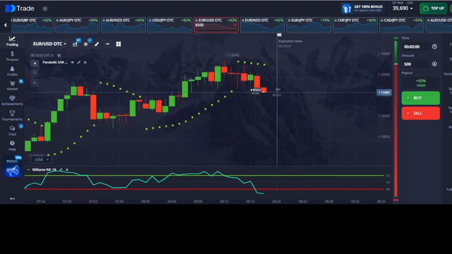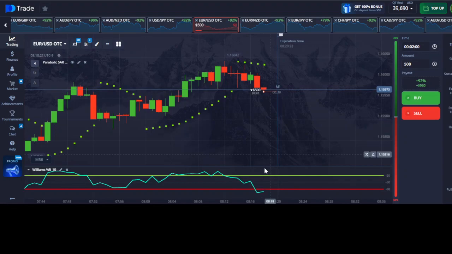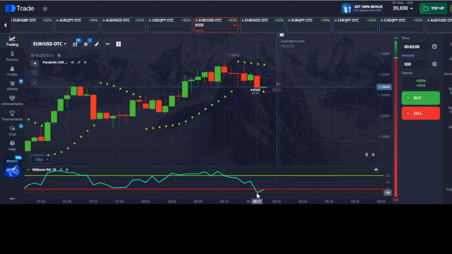Okay, so I'm on the Euro USD currency pair and I just took a sell trade. So the reason why I took the sell trade here is, first of all, the Williams percent R line crossed below the 80 line here in a downward direction and actually closed below the 80 line.